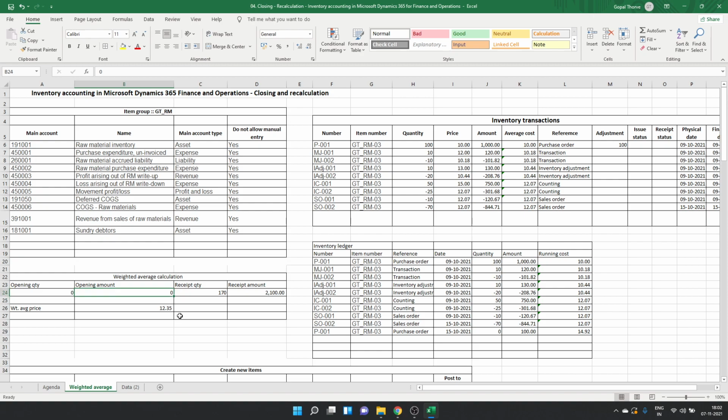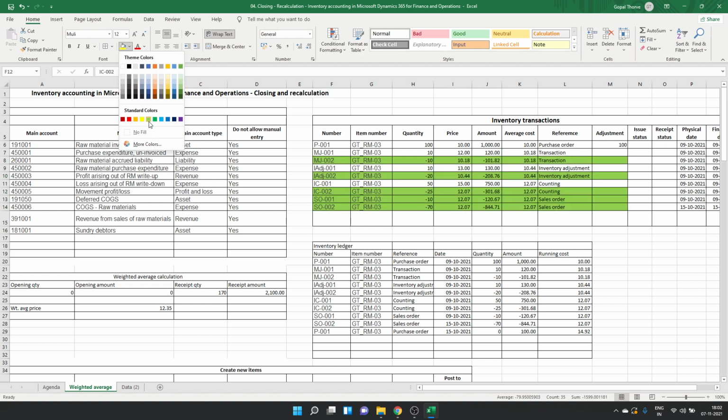Now, according to this weighted average, system will adjust all the issue transactions according to this running average cost. If we see here, all the issue transactions means this is my issue transaction, this is also my issue transaction, these are my issue transactions.